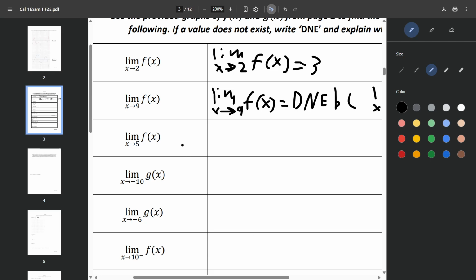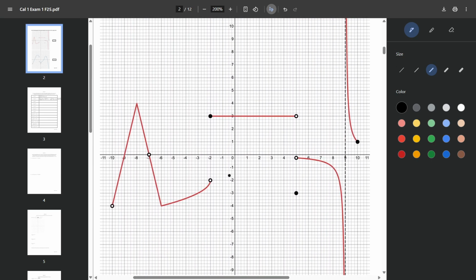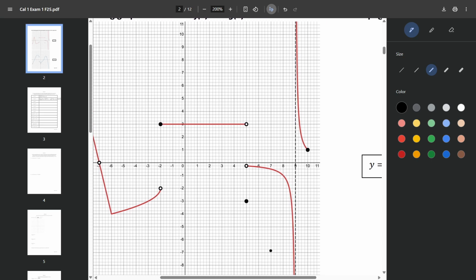Our next question will be limit of x approaching 5 of f of x. So, as we can see, our graph is different at x equals 5.